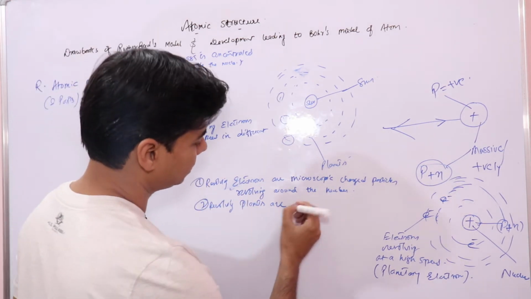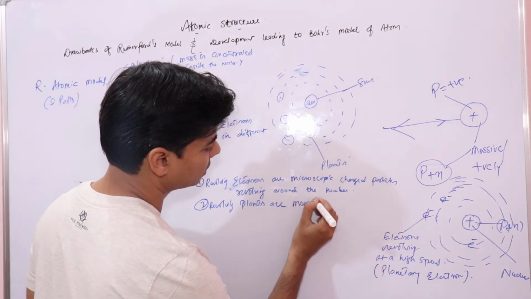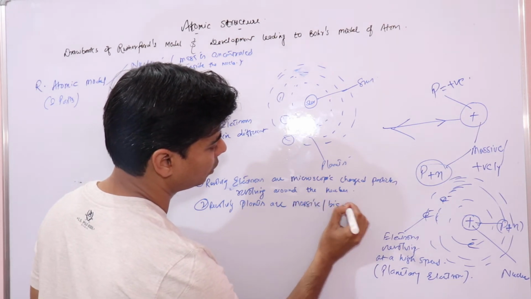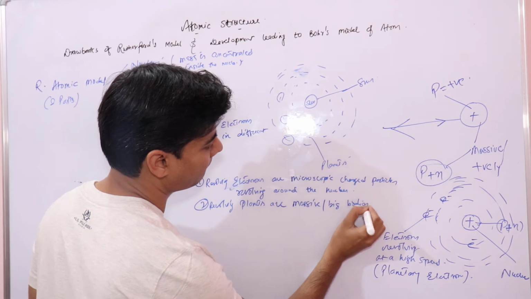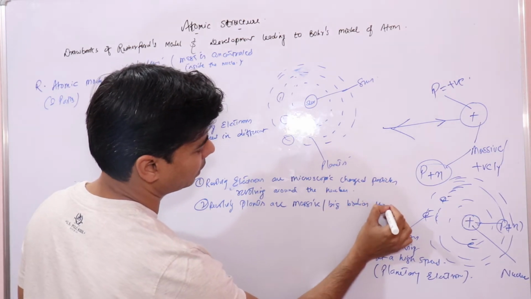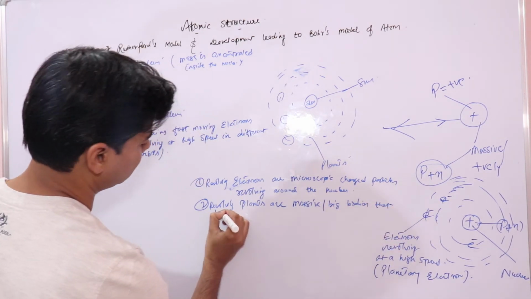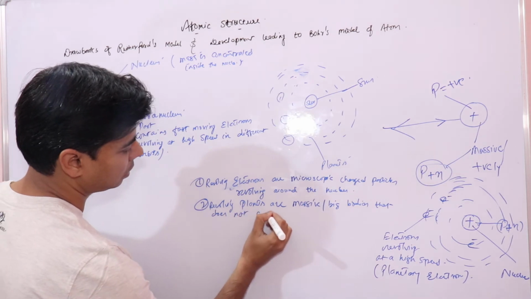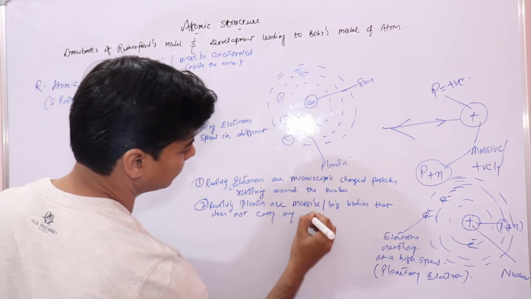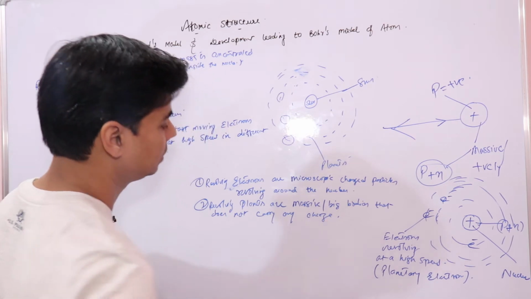Revolving planets are massive or big bodies that do not carry any charge, right?